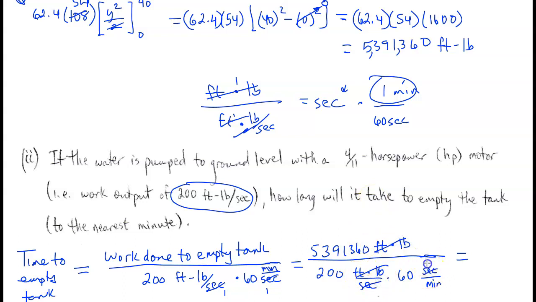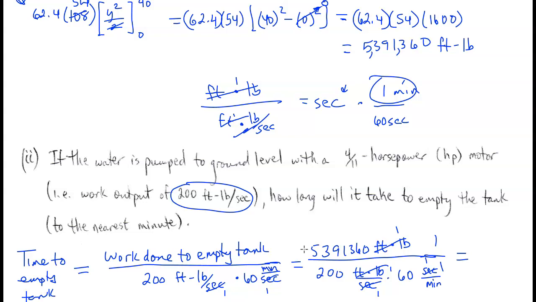The seconds and the seconds will reduce to 1. And all I will have left is 1 divided by 1 divided by minutes, which is just going to be minutes. And I would just take this number, 5,391,360, and basically divide it by 200 times 60. And I'll figure out what that is right quick.